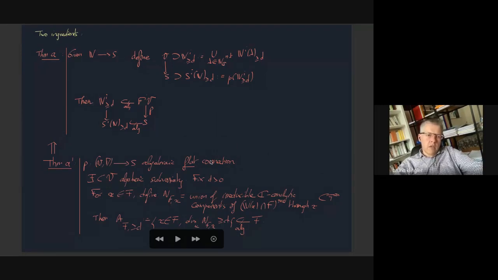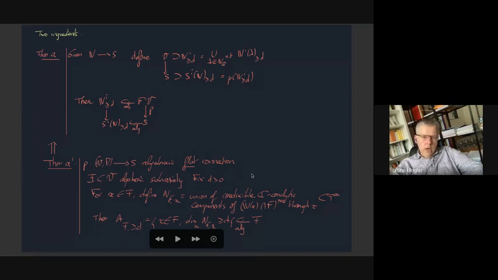So the theorem is that if you start with a flat algebraic connection and you take an algebraic subvariety F, so here in our case this would be Fi, the i-th piece of the Hodge filtration of the total bundle.